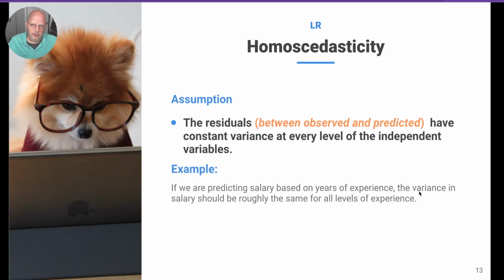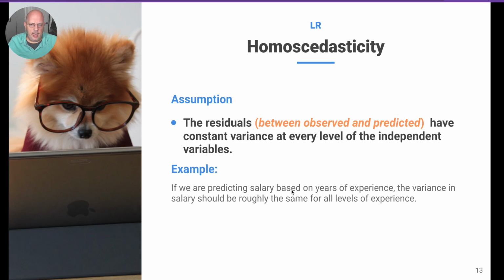Residual is the difference between observed and predicted. And the reason I really want to drill in residual is because often people use that word, I don't want to say incorrectly, but they don't understand what residual is. It's just error. That's an easy way to think about it for now.